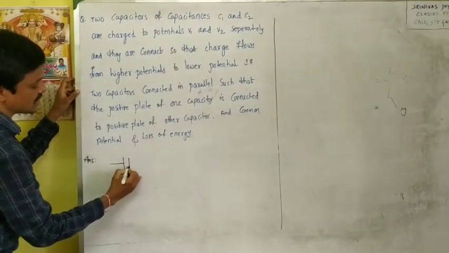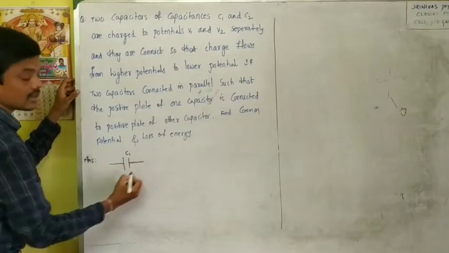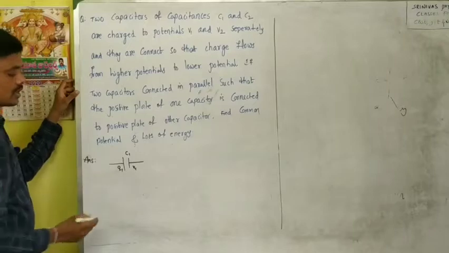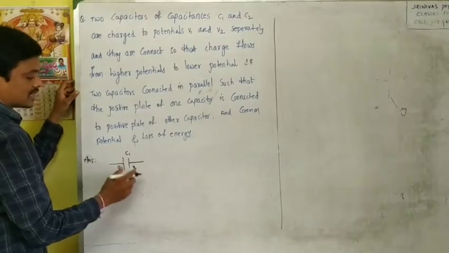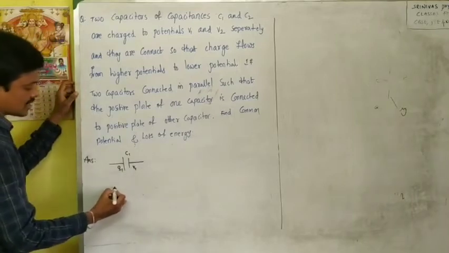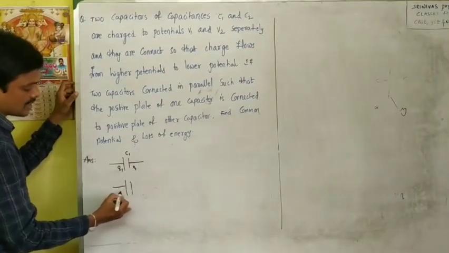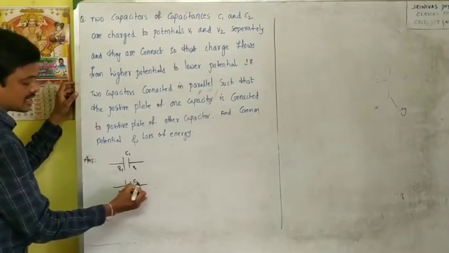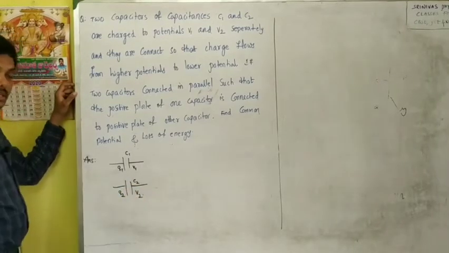This is the first capacitor whose capacitance is C1, charged to a potential V1. The charge stored on the first capacitor is Q1. And this is the second capacitor. The charge stored on it is Q2 and its capacitance is C2. It is charged to a potential V2.